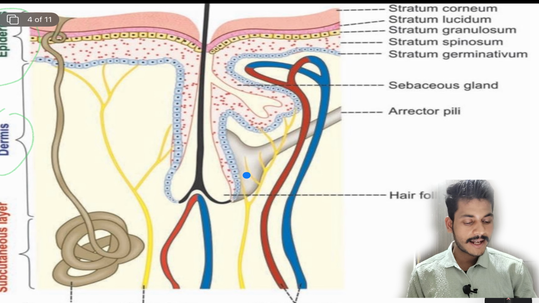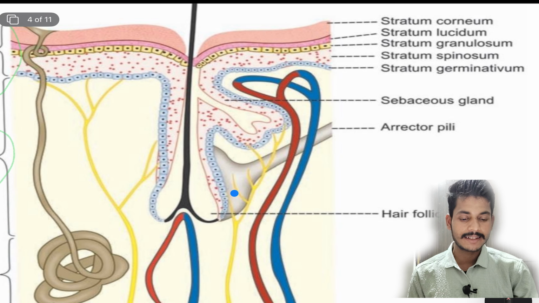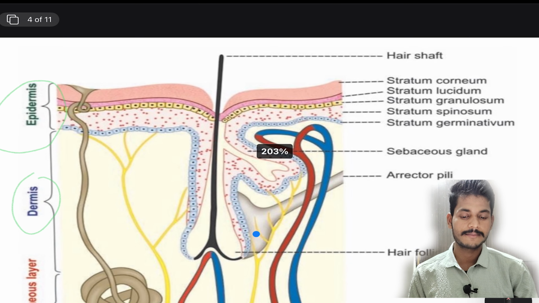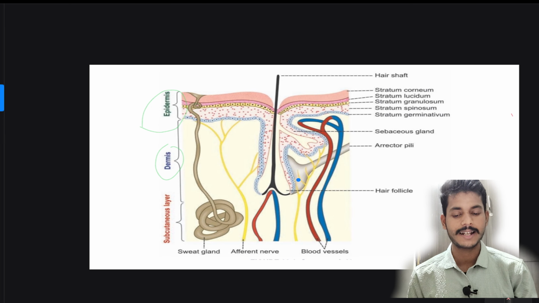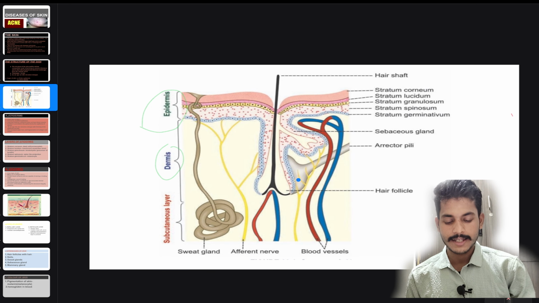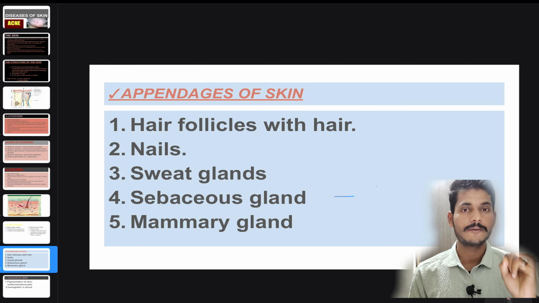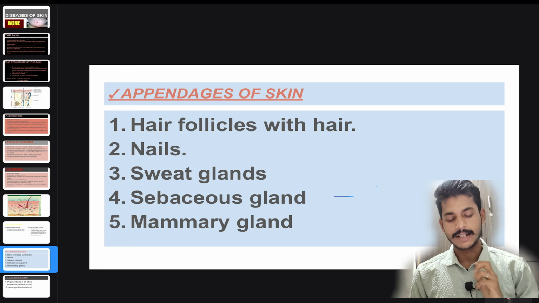So this sweat gland, hair follicles, sebaceous gland and hair shaft are all referred to together as appendages of skin. So the appendages of the skin consist of hair follicle with the hair, nails, sebaceous gland and mammary gland.